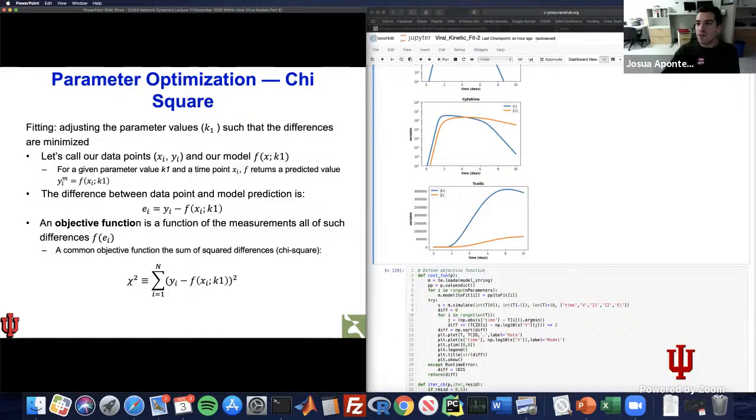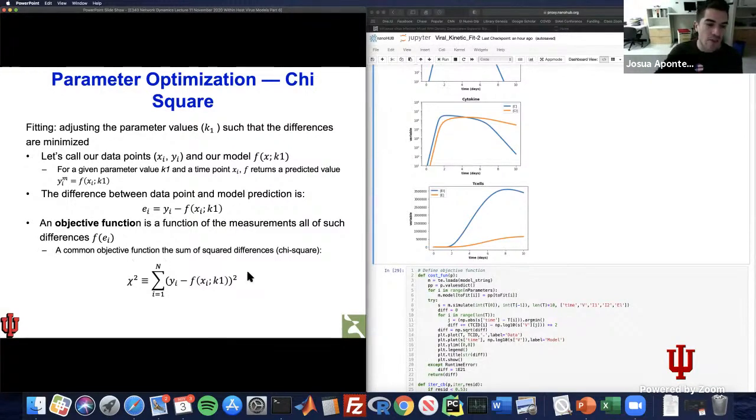But the standard way of quantifying the fit between the model and the data is by using what is called the chi-square function, where we measure those distances, we square them, and we basically add them. It's the simplest one. There are more complicated forms that can be used, and Hilbert discusses a couple of other functions in his book.